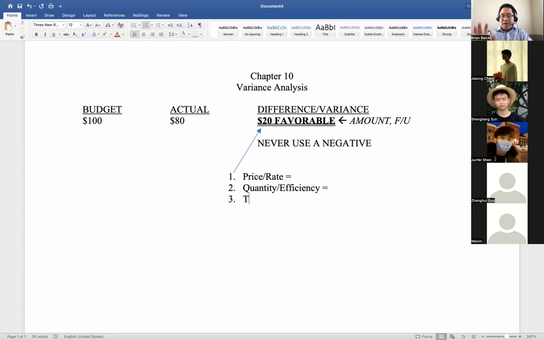If you combine quantity and price variances together, you get the total variance. The total means the whole thing. So that's called the total variance, price and quantity combined.